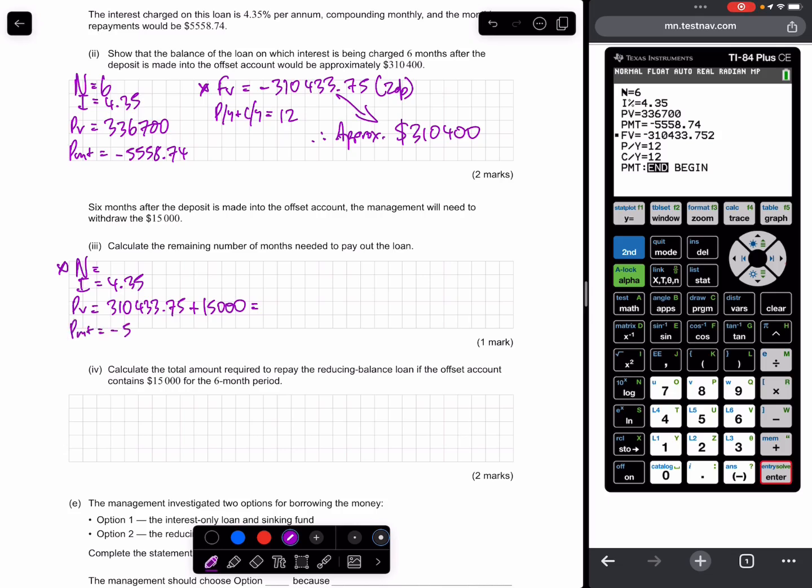PMT is negative 5558.74. Paying out the loan, so FV is going to be 0. PY and CY are both going to be 12. PV is 310,433.75 plus 15,000. That's 325,433.75.